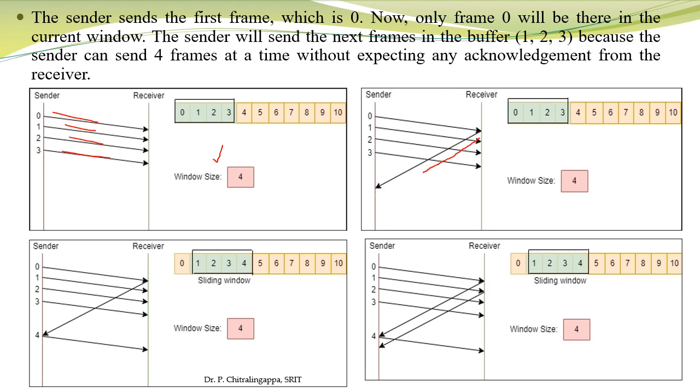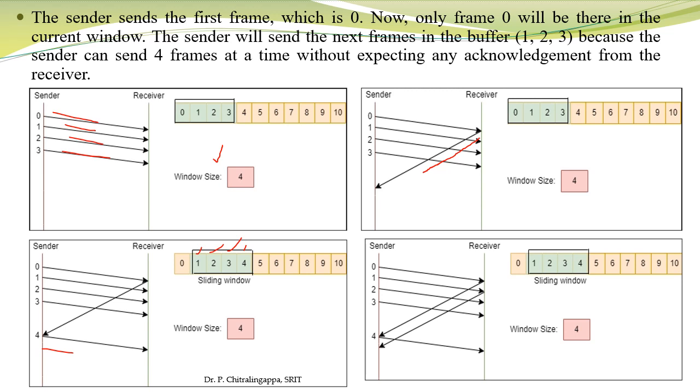Now I want to slide the window to the next frame, because the window size should be 4. The sending window is 1, 2, 3, 4. I already sent 1, 2, 3. The remaining is 4, so now I send the fourth frame.